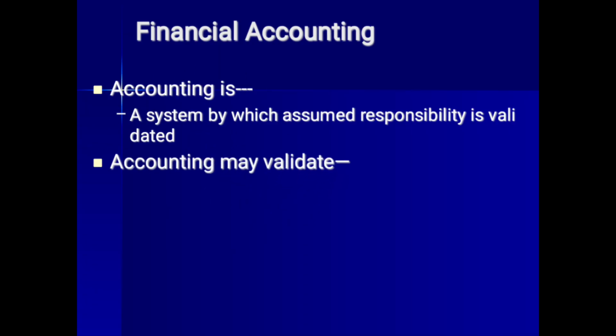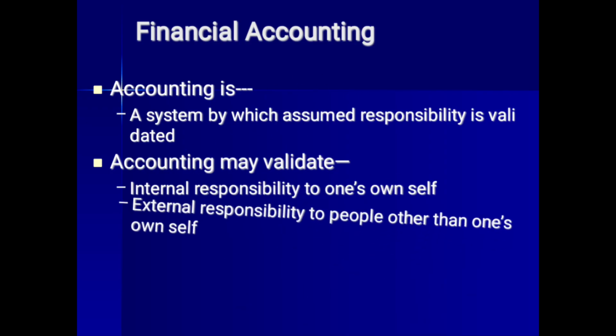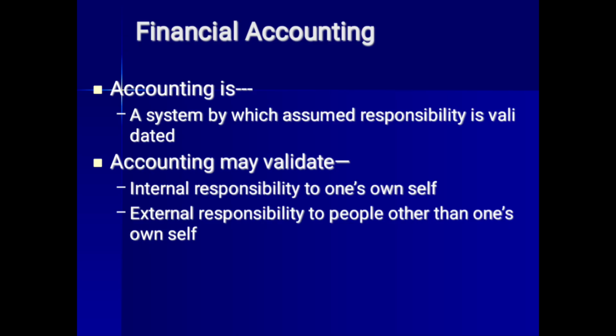The accounting may be validated in two types. One is the internal responsibilities. Internal responsibility means the owner of the business enters their business transactions into the notebook or maybe the Tally. The present Tally version is 9.2.